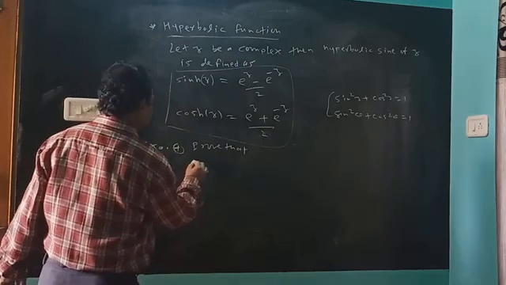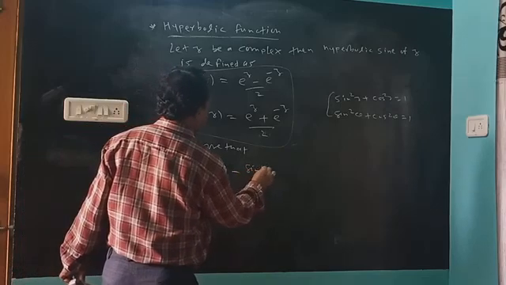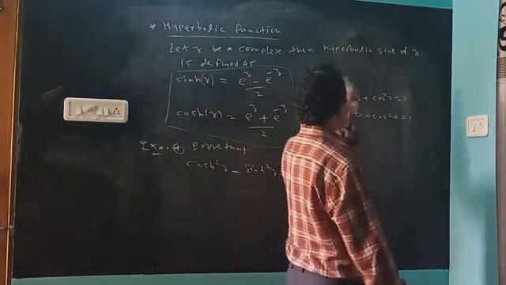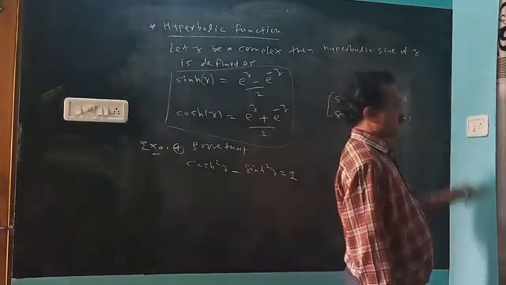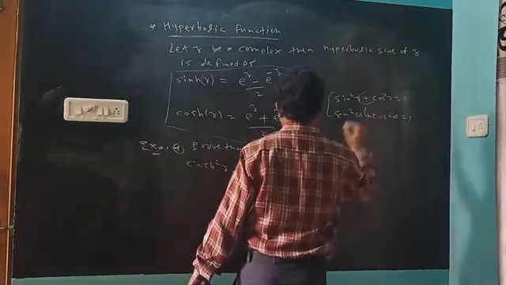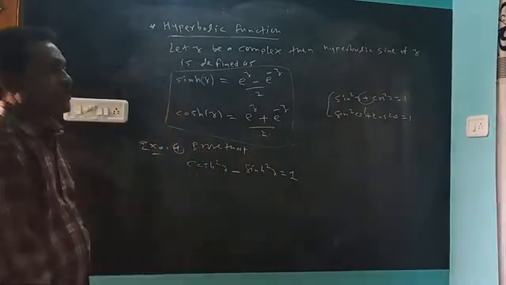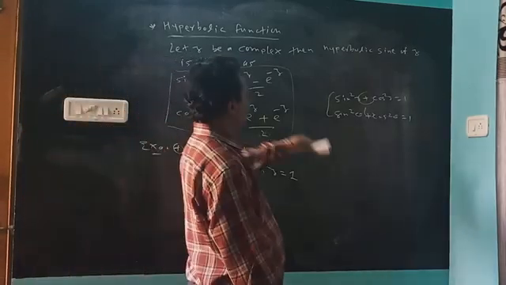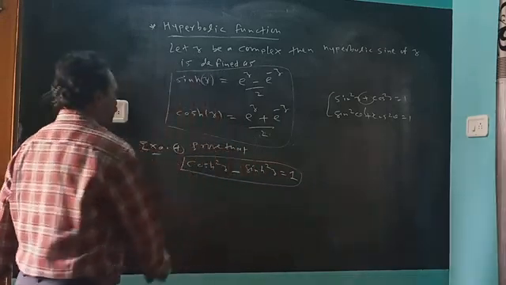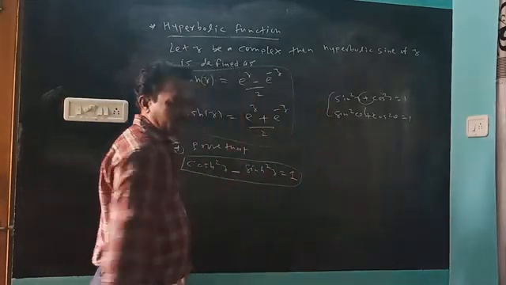In hyperbolic, cos h square z minus sin h square z is 1. In trigonometry sin square plus cos square is 1, but here remember minus, and cos square minus sin square, not sin square minus cos square, is 1. Cos square minus sin square is 1. Okay, so remember the difference: every formula in hyperbolic is different from trigonometry.